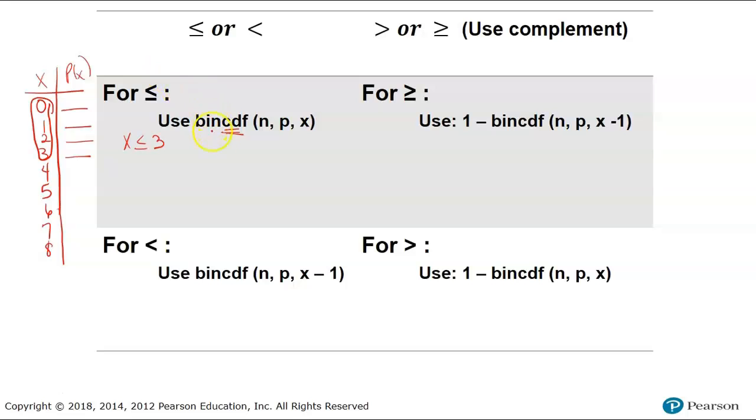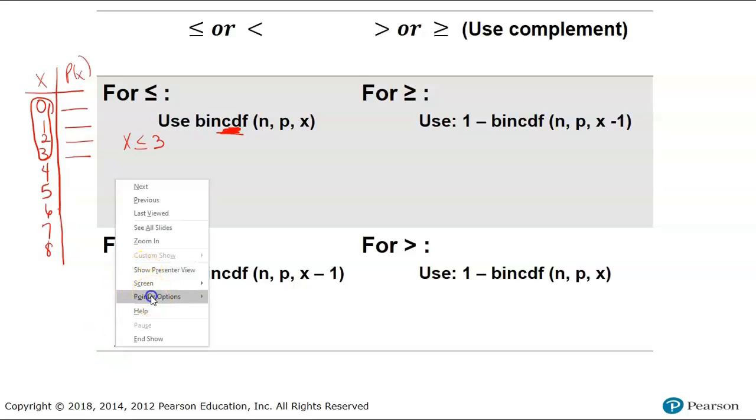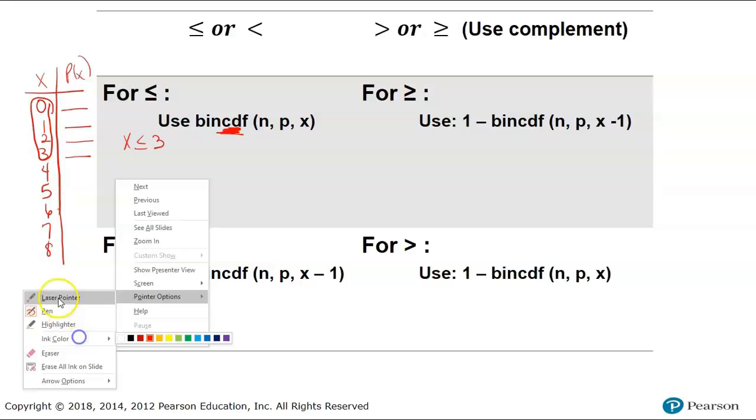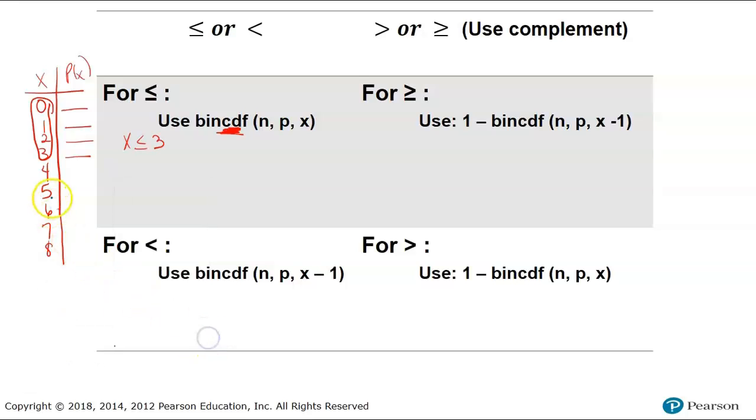The problem is that we only have the CDF, and we've still got to do all the other cases using that. So we've got to adapt it in a little bit different way. If I'm going to do strictly the less than case, I'm going to change colors here so we can see.